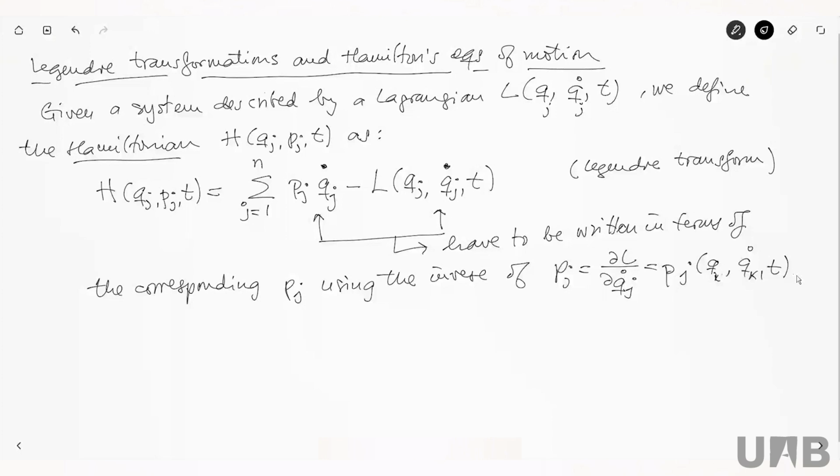It means that, yes, you write the Legendre transform like this. You write here p times q dot j. There is a j, you know, from 1 to n. That means that there is a p for each q, as I said before. But also, this q dot here is not a real q dot. It has to be written by inverting this equation and then replacing it in here, both in the dependence in the Lagrangian and in the dependence in this first term.